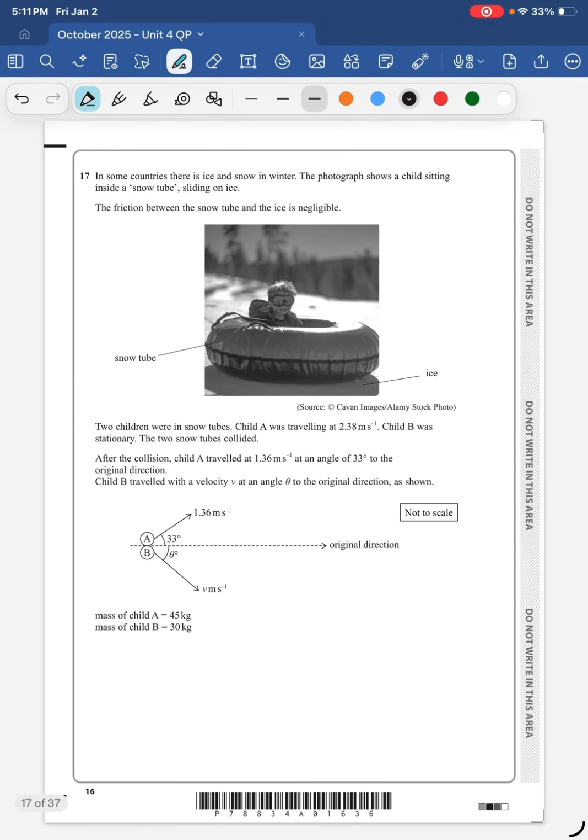Okay, so let's go here. So this is the situation after, but the situation before was that of child A, with mass A, traveling with 2.38 meters per second. All right.